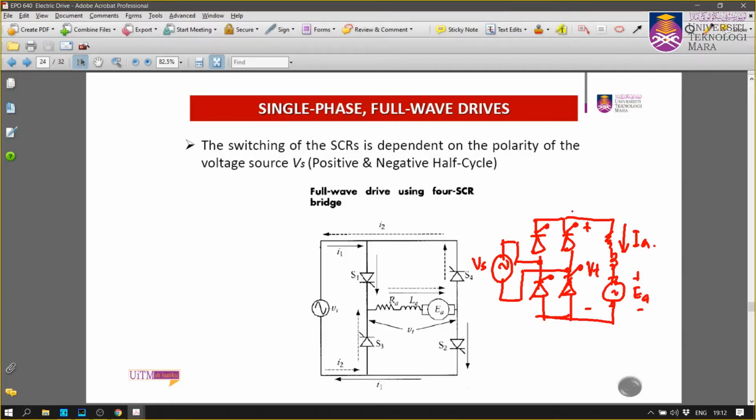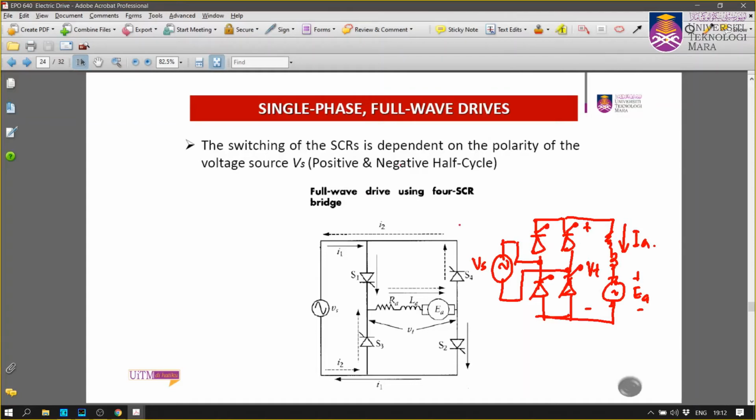Right. So in this case, you can have positive and negative half cycle of the voltage source. The polarity of the switching is dependent.